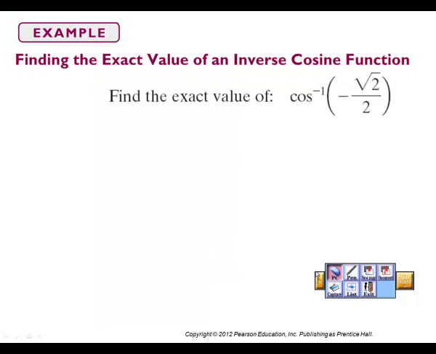Alright, so we're looking for a, here we have inverse cosine at -√2/2.